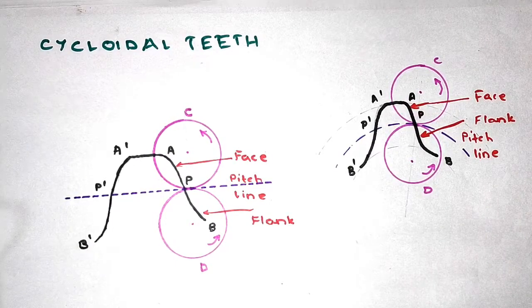So here, when two gears of cycloidal teeth mesh with each other, the pitch point will not trace a straight line unlike the involute teeth, but it follows a circular path. You can see the animation of the cycloidal teeth gears meshing in the description below.